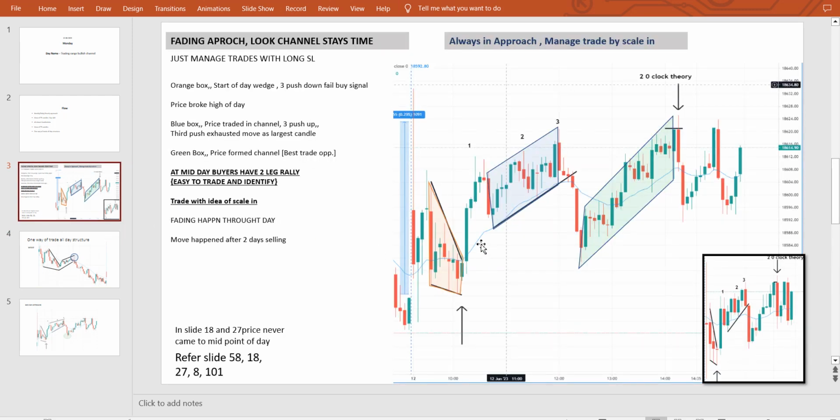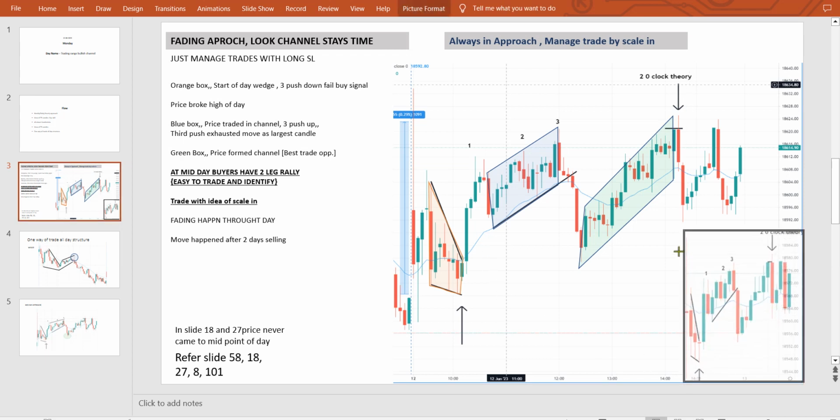Let's say this is today's chart. There is lot of wedge and channels are there. Let's see, orange portion is wedge. So how you can trade is after considering one, two, third pushes, you can trade in opposite direction as we can see that, and it is easy to look in live prices. I have seen that. This is 15-minute chart.